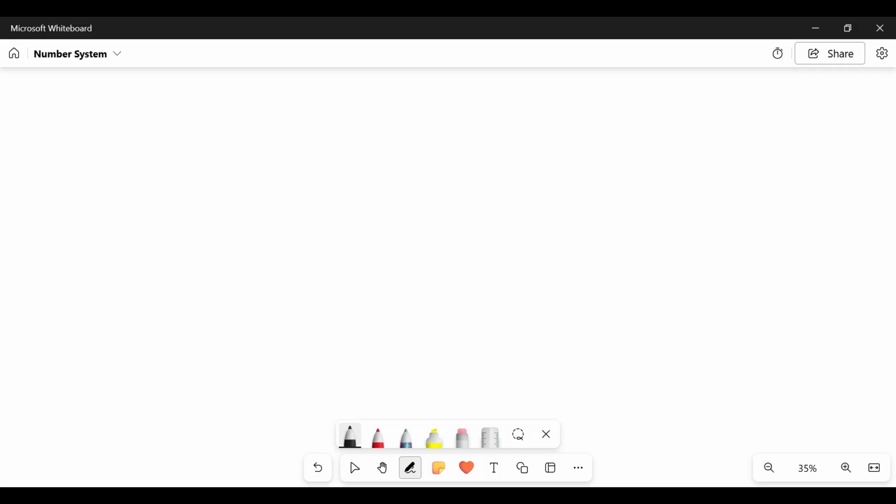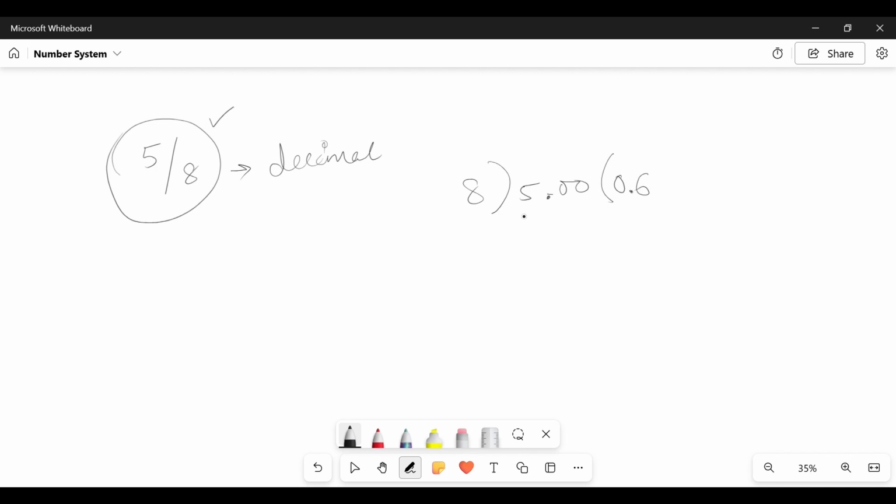So let's take up a couple of more examples and see how does it come up converting a rational number into decimal format. So right now let's see, if we want to convert 5 by 8 into decimal, all we need to do is divide 5 by 8. Since 5 itself is smaller than 8, it is not divisible. We take a decimal, and then we obviously take 6 in the quotient and we get 48.